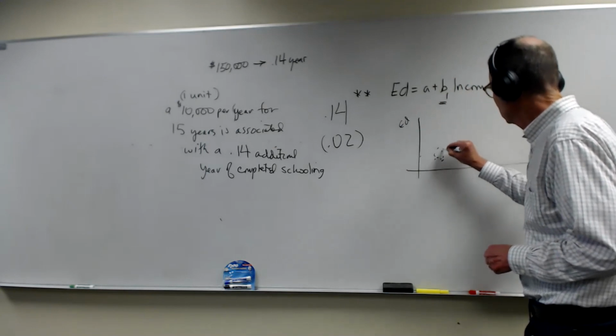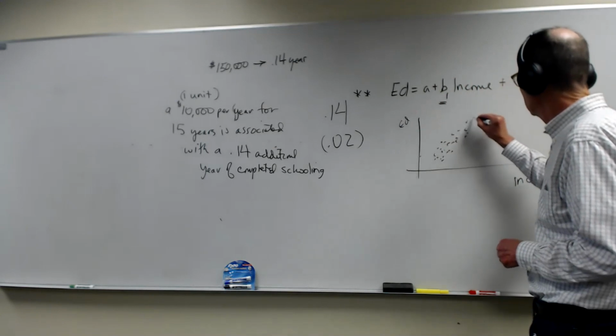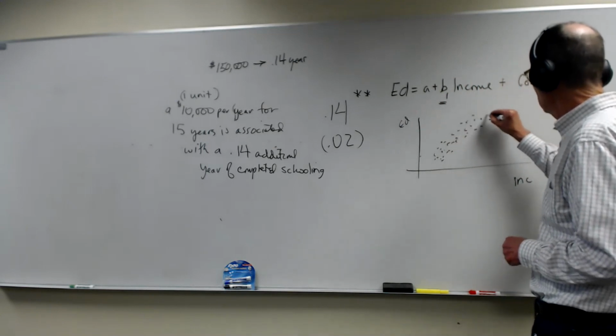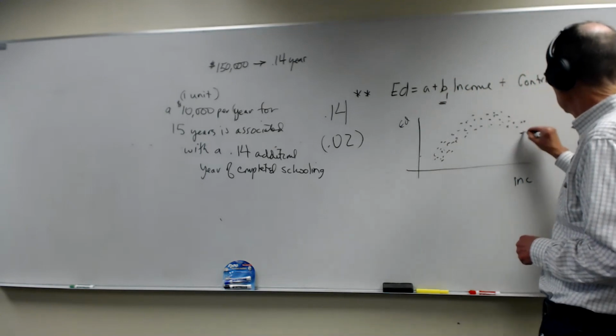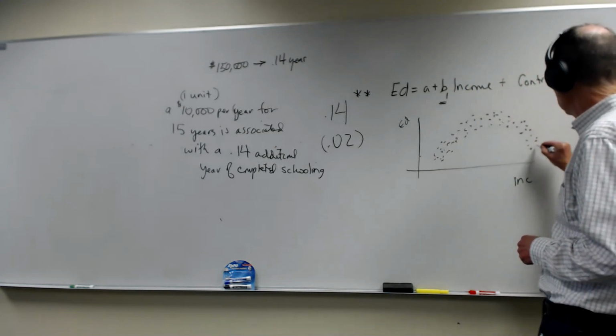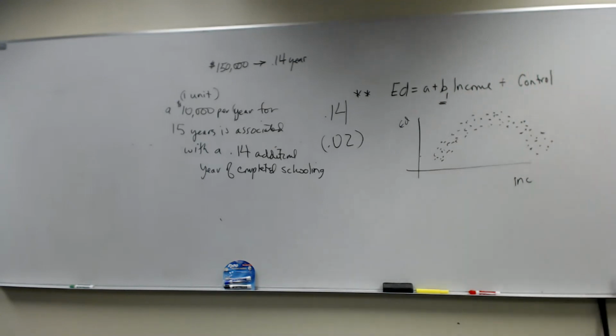Suppose low income, low education, as income increases, education increases, but then for some reason, at high levels of income, education falls back down. That doesn't happen, but suppose that were the case.